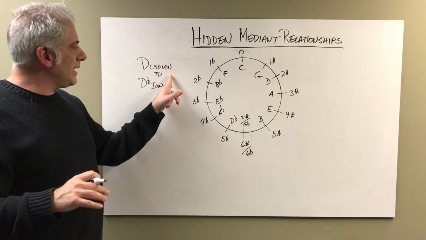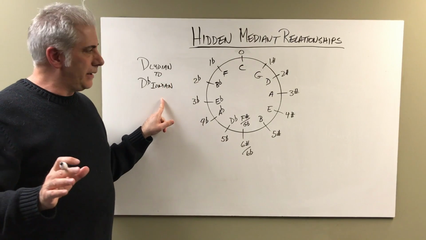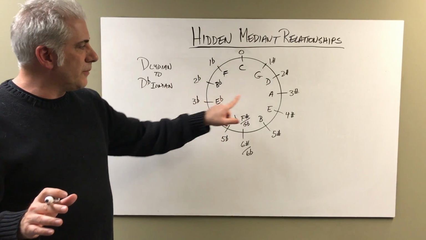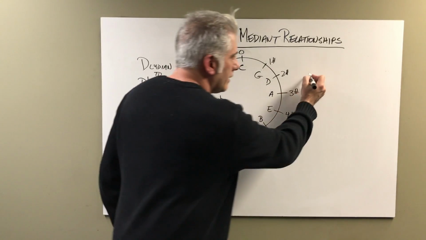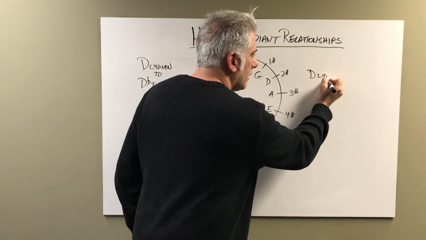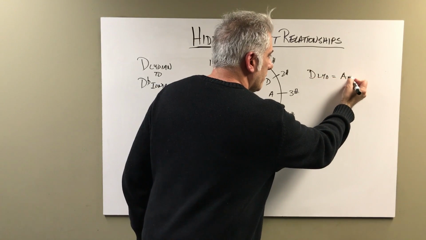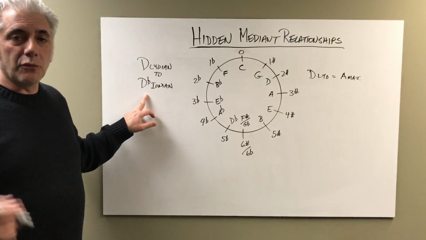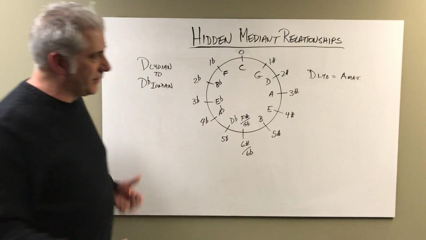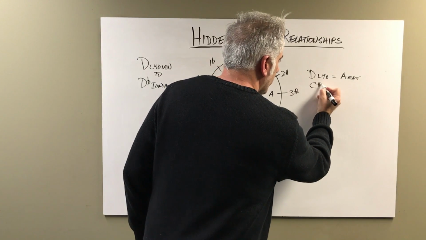If we're going D Lydian to D flat Ionian, well, D Lydian actually comes from A major, okay? So D Lydian equals A major. D flat Ionian is really C sharp major. That's the other name for it, right? C sharp major.